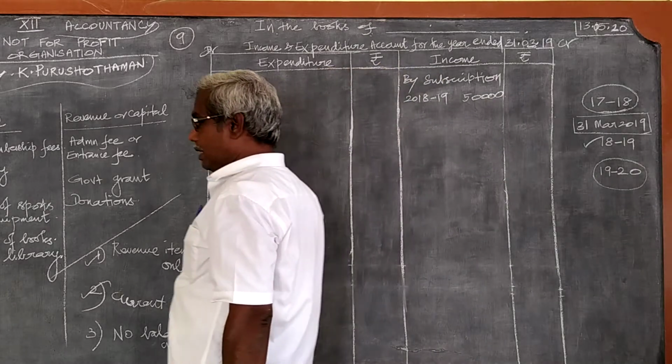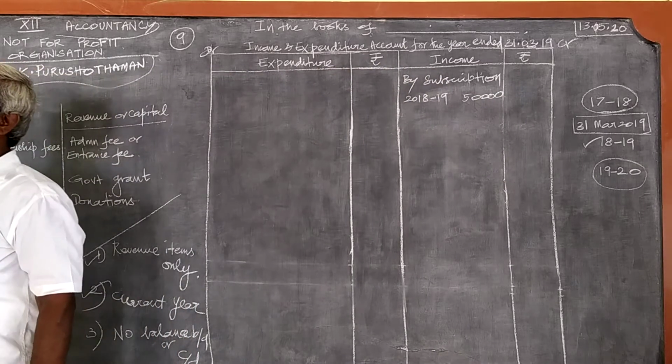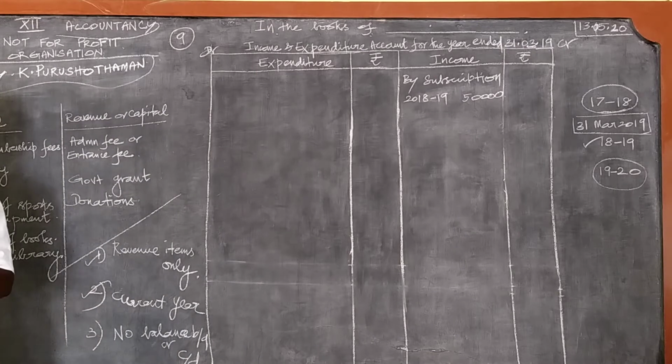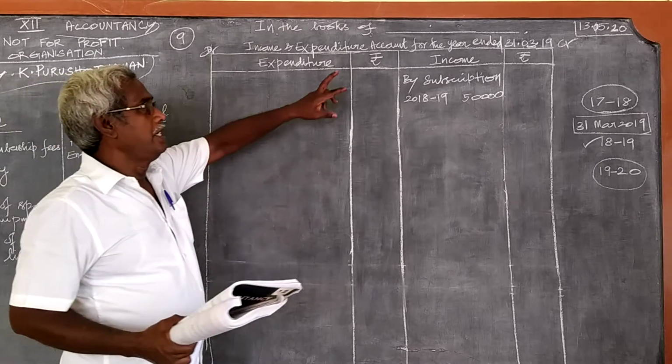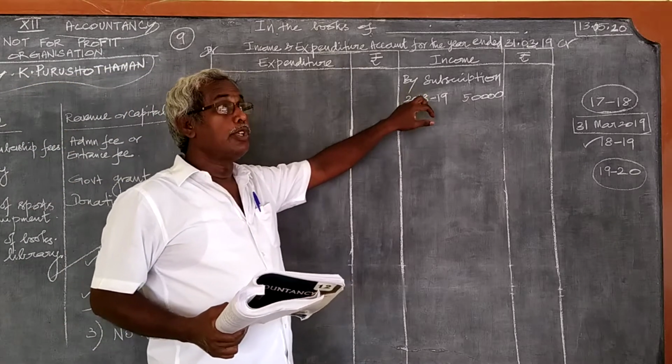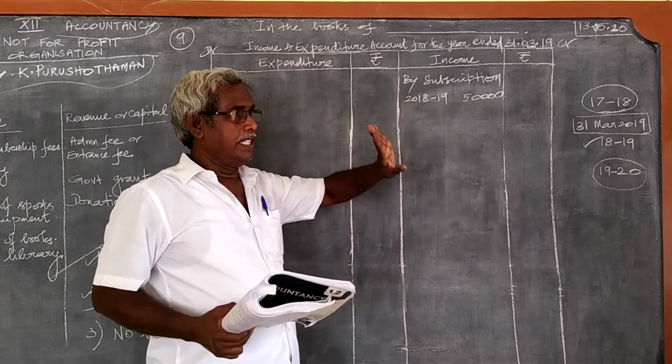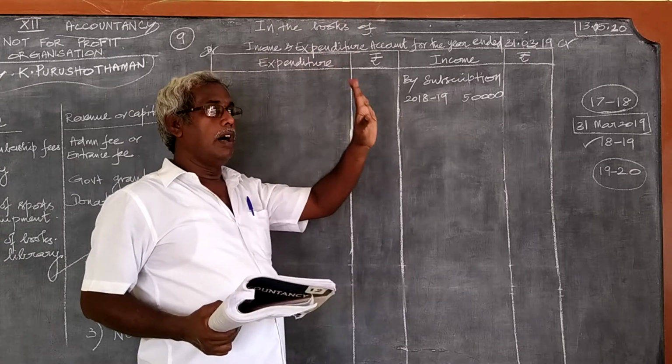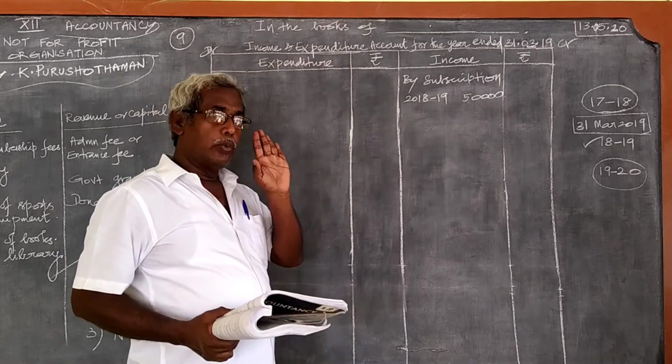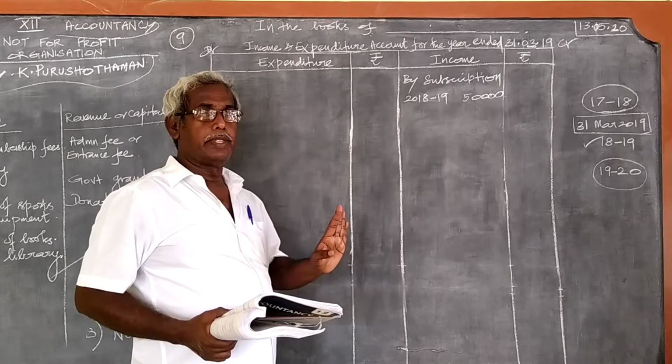What is the general rule here? What we must follow? If the subscription given is related to this year, we should show it whether it is received or not. I once again repeat it.